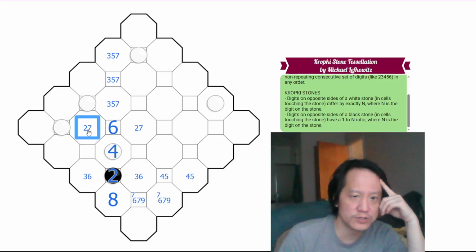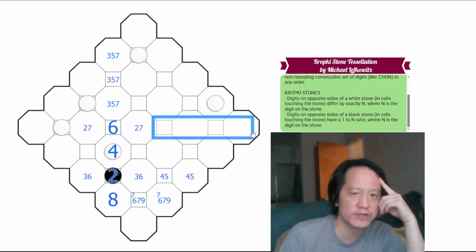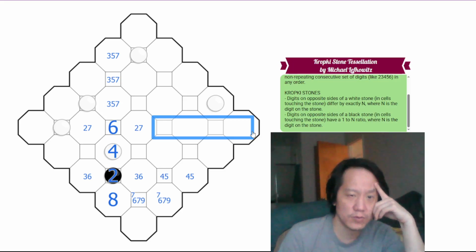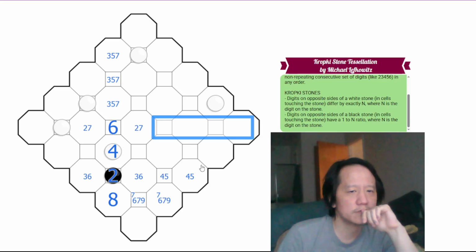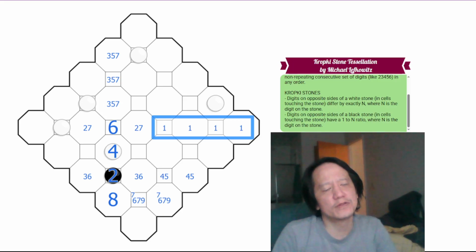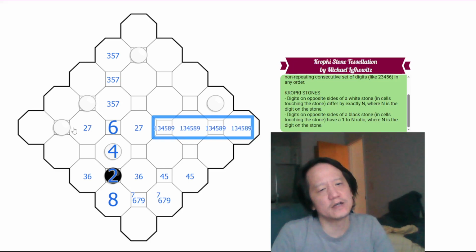That means this is a 2-7 pair, which eliminates 2 and 7 in the rest of this row. That means it has to be what? 1, 3, 4, 5, 8, 9.